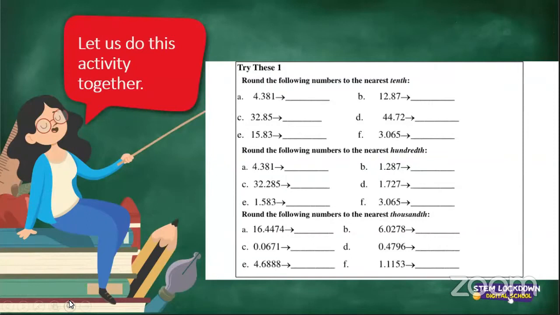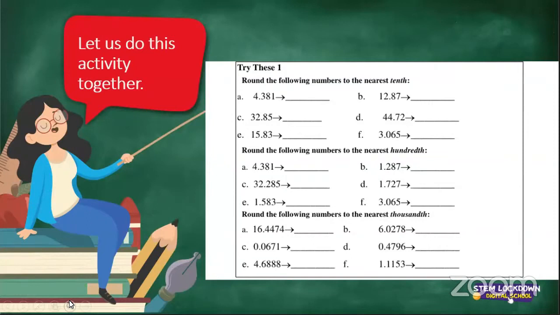I see people are moving fast. Okay, we are on 32.29. That was C, 32.29. And D, yes, B is 1.29.